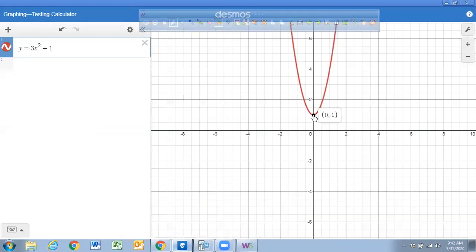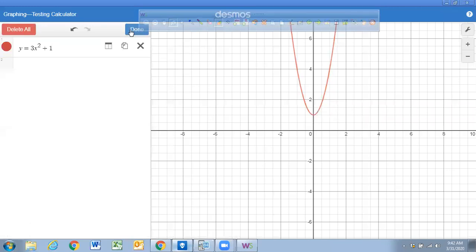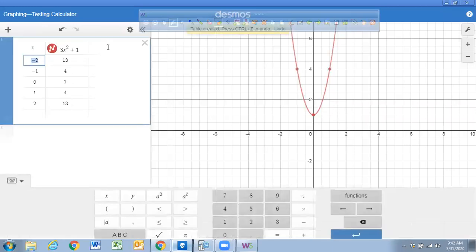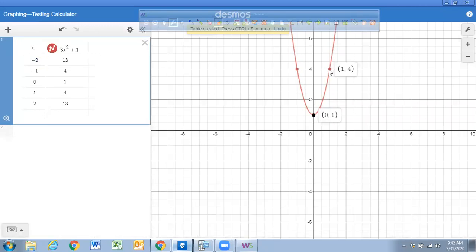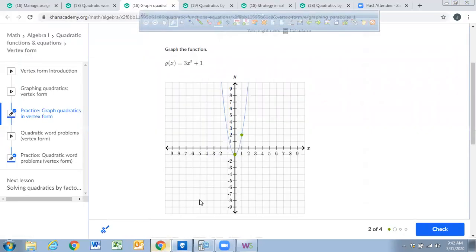How many points do you need? You just simply need 2 points. If you want to find where those points are, hit the little gear, convert it to a table, and you can find 2 points, a 0 and a 1, and a 1 and a 4. So right here, I'm going to be at 0, 1, and 1, 4.